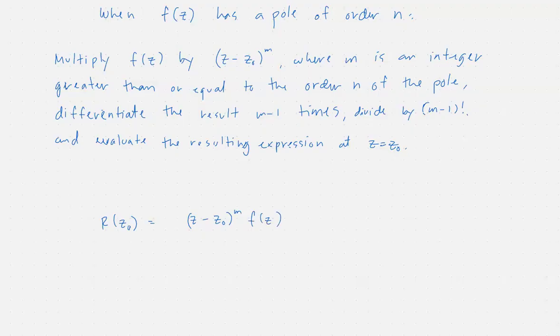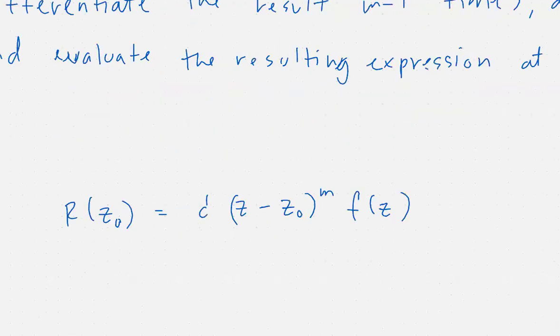Differentiate the result, so we take the derivative, d to the m minus 1 over dz to the m minus 1.